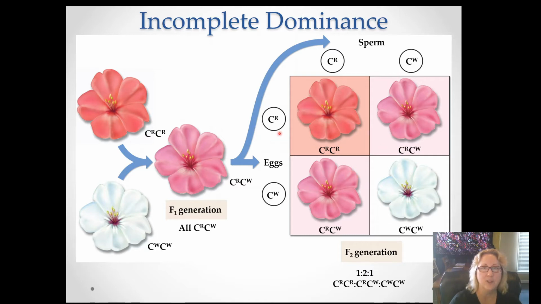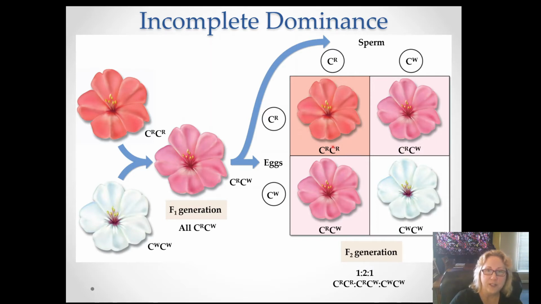So here we have an allele for red flower color and an allele for white flower color, and the individuals who have one of each are lighter in color. So we can tell who the heterozygotes are, and that is what we mean by incomplete dominance. So if we can tell who the heterozygotes are because their trait is different than the homozygous dominant, then that's incomplete dominance.